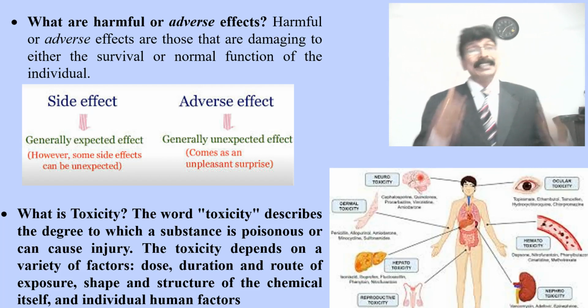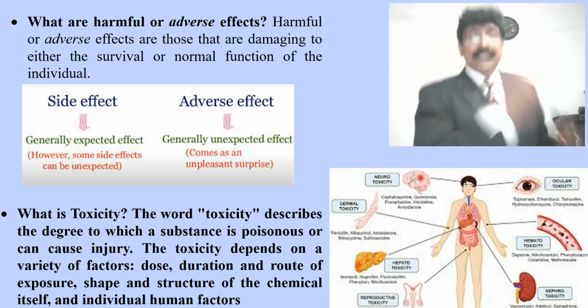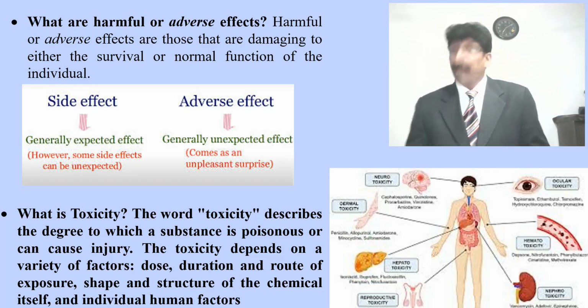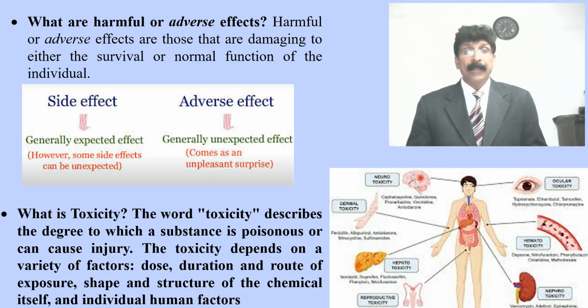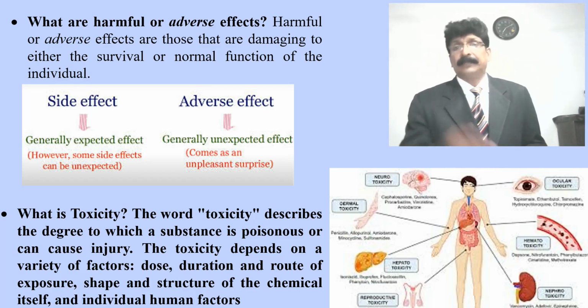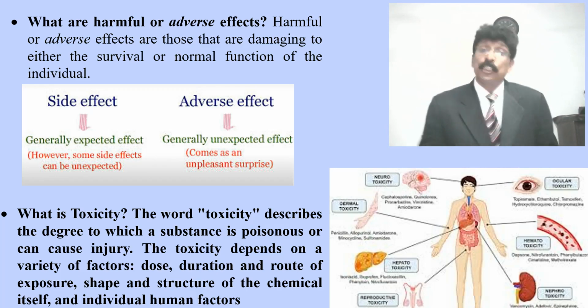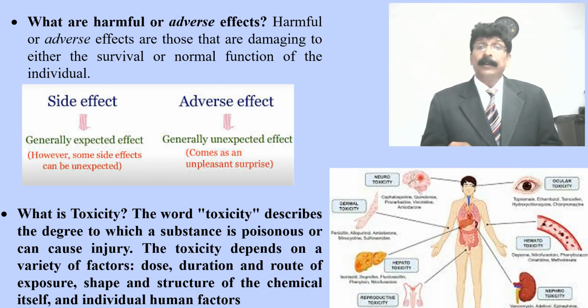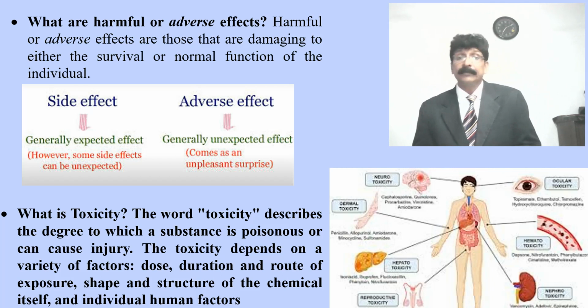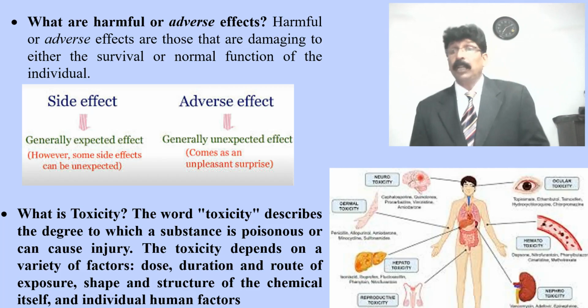The toxicity depends on a variety of factors: dose, duration, the route of exposure, the shape and structure of the chemical itself, and individual human factors. So you can see whether it is neurotoxicity, genetic toxicity, hemotoxicity, nephrotoxicity, reproductive toxicity, or ocular toxicity, like that it can be determined.